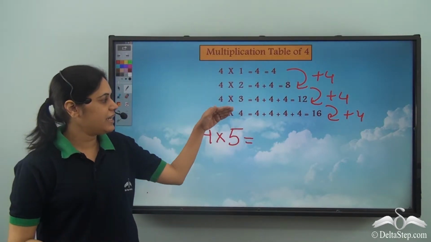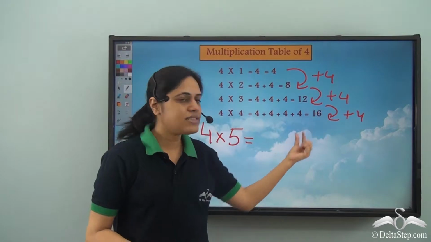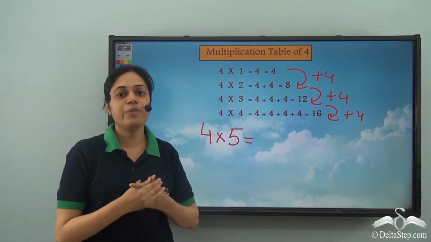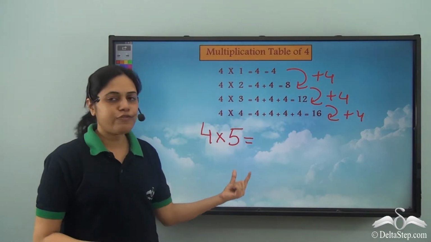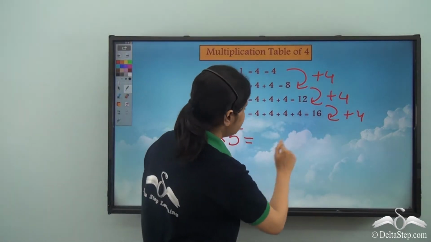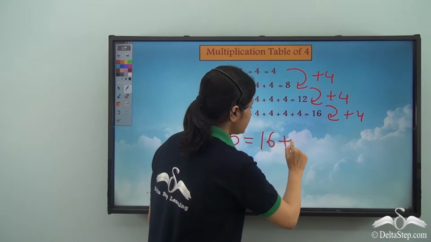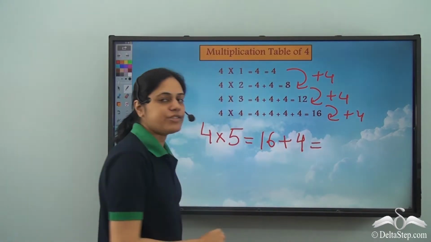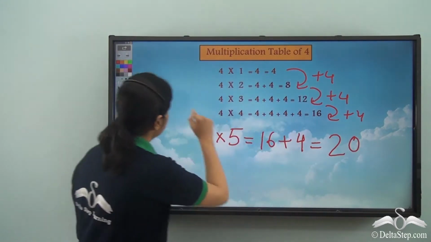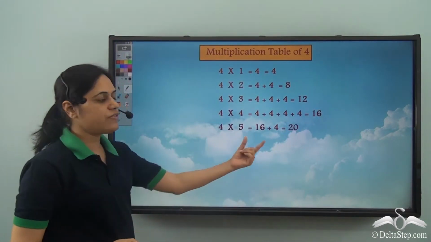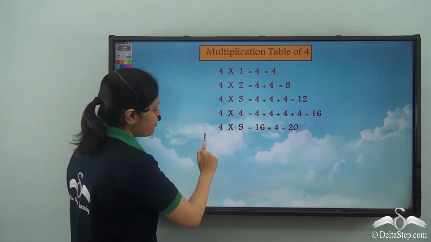So we see in each step, this answer is increasing by 4 because we are adding 4 one more time. So 4 into 5 will be nothing but 16 plus 4. And what is 16 plus 4? 20. So 16 plus 4 gives 20, which is 4 into 5.